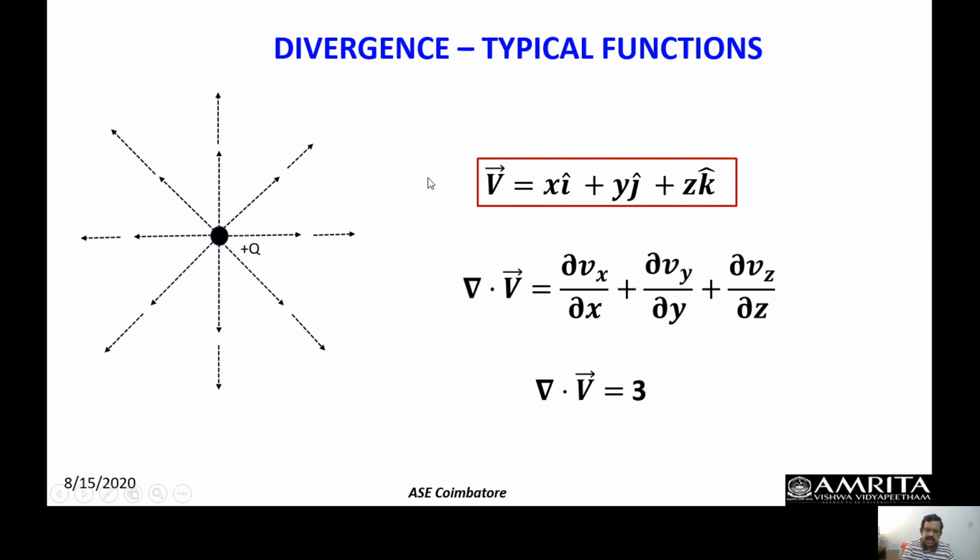Suppose along the x direction, del dot v will be different, because along the x direction there won't be the y and z components. If the field at that point is due to only the x coordinate, then the vector v will be x i hat, and there del dot v will be 1. Likewise, the values are different at different coordinate positions based on the variation in the vector function itself.